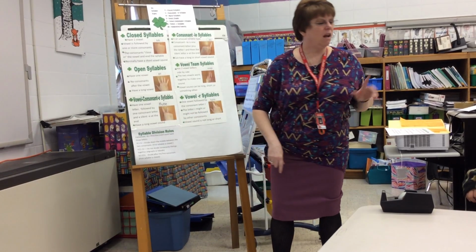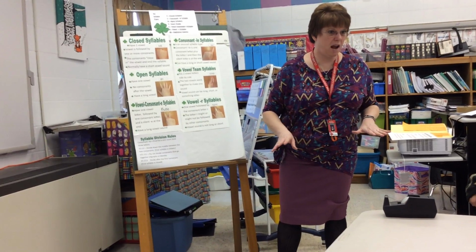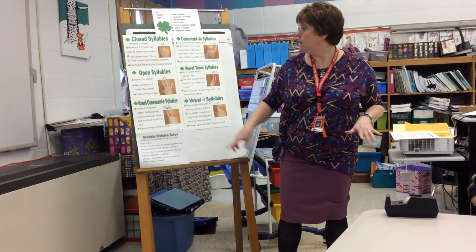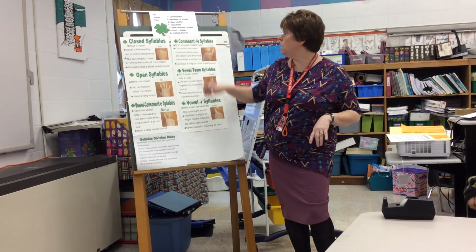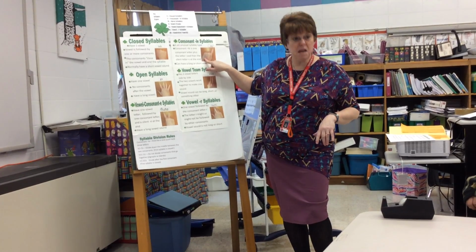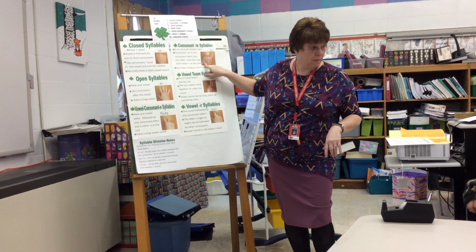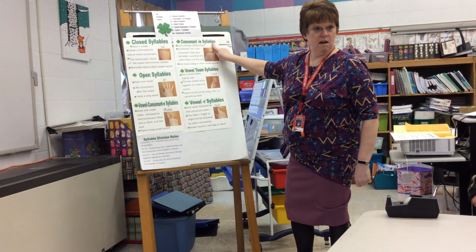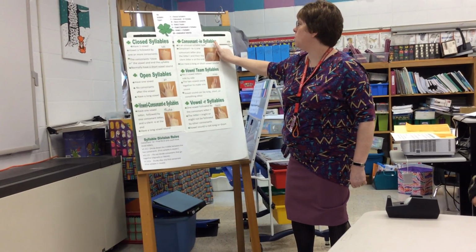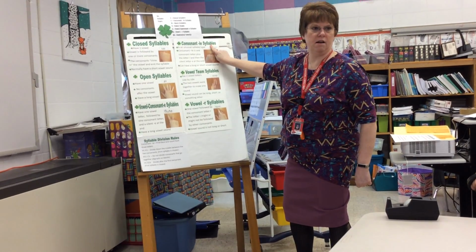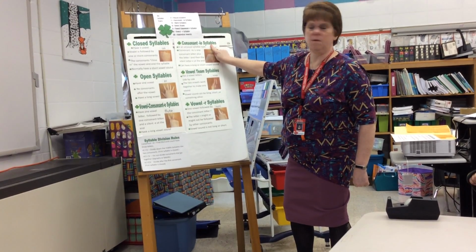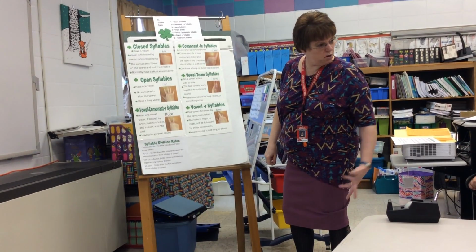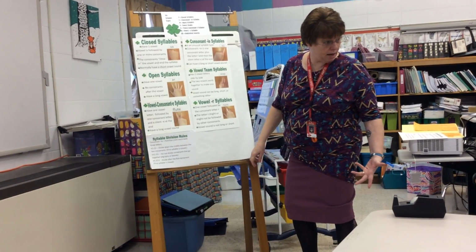Consonant LE, there's a really cool way to remember how to divide a syllable that has a consonant LE. The consonant LE will always come at the end of the word. And so what you do is you find that E and count back. 1, 2, 3. There's your syllable. That's where you'll divide it, in front of that B. So that's a cool trick for the consonant LE words.